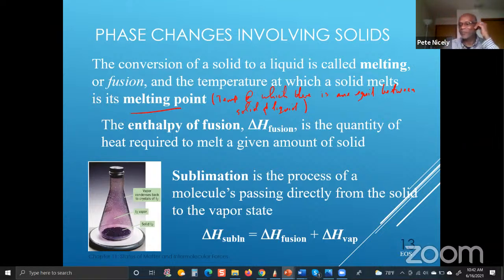The fumes would be carbon dioxide, because the carbon dioxide solid is being converted to carbon dioxide gas. So that's what happens in sublimation: a direct conversion of the solid state to the gaseous state.